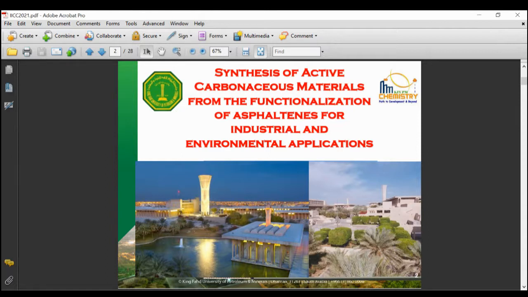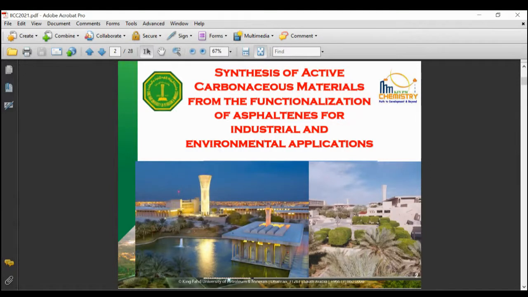Then we tried some reactivity of the asphaltenes, and ultimately, I tried to oxidize these asphaltenes just to compare whether they can be used in place of already available carbon materials like CNT or activated carbon. And that was the leading point, and that led to a good discovery, you may say. We got a pretty good number of publications, patents, and definitely projects.